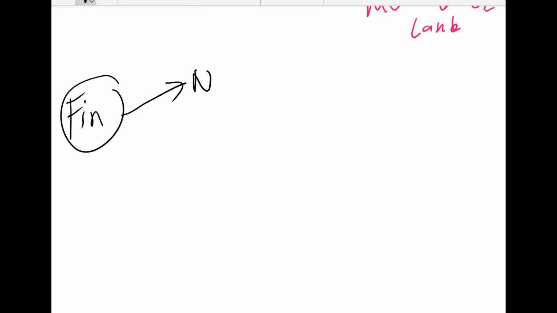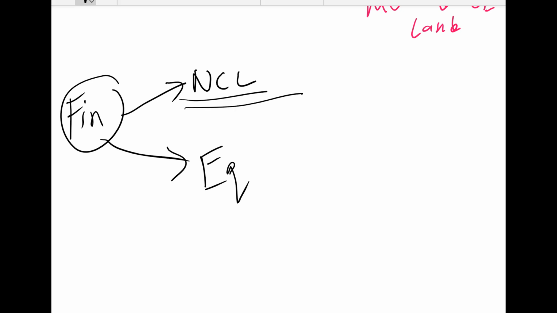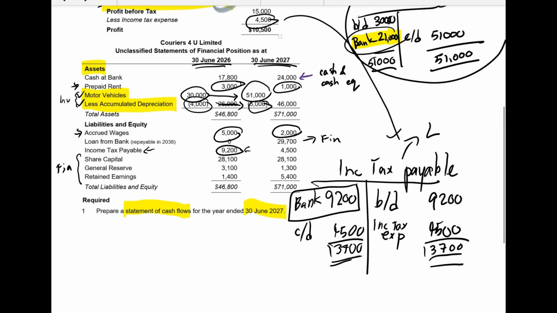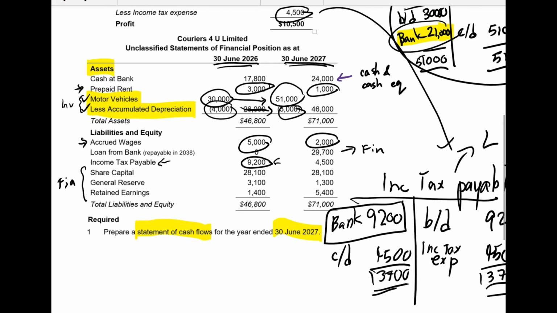Under financing activities, you need to look at your non-current liabilities as well as your equity, because this is where we get our figures for financing activities. We have to get it from non-current liabilities, or we might need to use the information in your equity account. So if you look at the question, we scroll to the liabilities and equity part to find our non-current liabilities as well as equity.